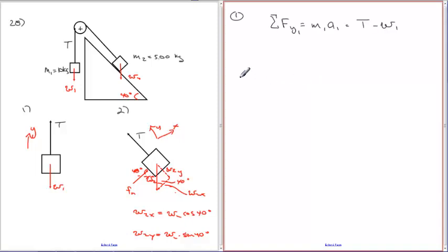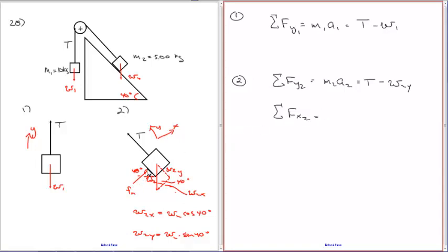So that's all we get out of the first one. The second one, we have the sum of the forces in the y direction for body 2, this being the y direction, is M2 A2, and that's equal to, we have the tension T, and in the negative direction we have W2y. And you also have the sum of the forces in the x direction. In the x direction, you've got this force pushing down and this one balancing it out.